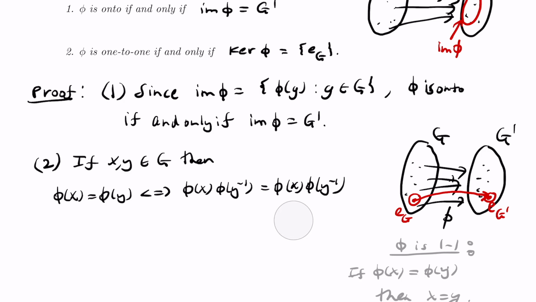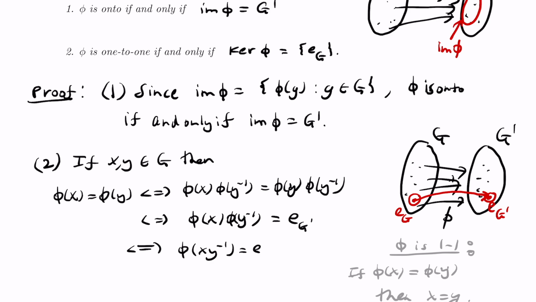Okay, and this should be phi of y, phi of y inverse. These two are inverses of each other. So this happens if and only if phi of x phi of y inverse is equal to the identity in G prime. And using the fact that phi is a homomorphism, this is the same as saying phi of x y inverse is the identity of G prime.